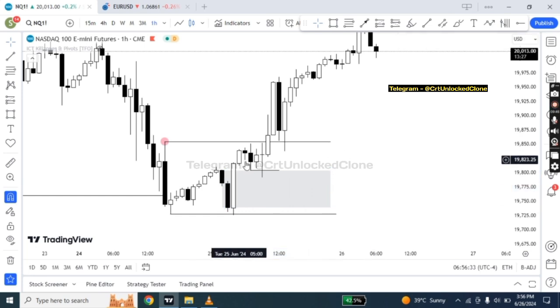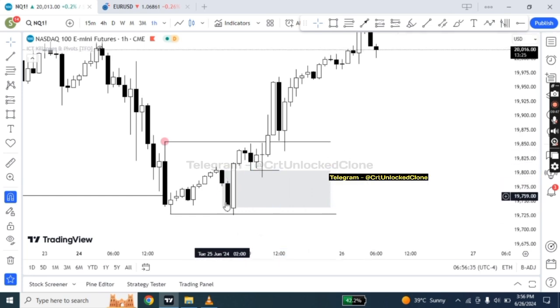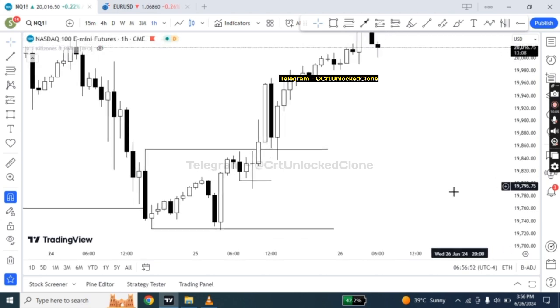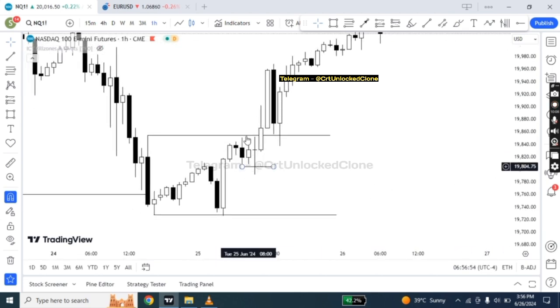The first one being that this particular candle dug into this order block right here, dug into this key level, and not only that, this candle was formed at a key time, which is 7 a.m. Eastern time. The 7 a.m. Eastern time, along with other times, is a key time for a 1 hour CRT to be formed. So based off of these two factors, I decided that I'm going to potentially trade this CRT.